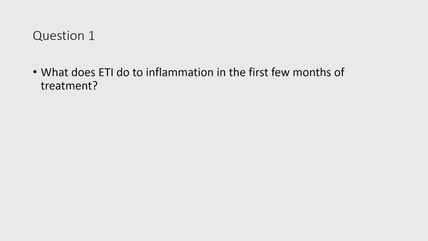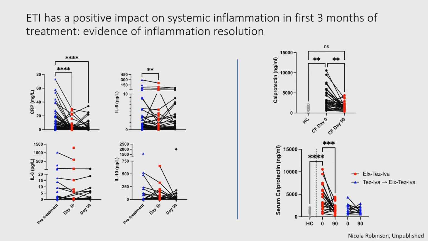It was in the main data that has come from the work of Nicola Robinson, who's sitting in the audience, who's an MRC training fellow in our lab at the moment. So the answer is that ETI does have a positive impact on systemic inflammation in the first 3 months of treatment. And we're looking at systemic inflammation because we could reliably get blood samples from these patients in the main who had stopped producing sputum.